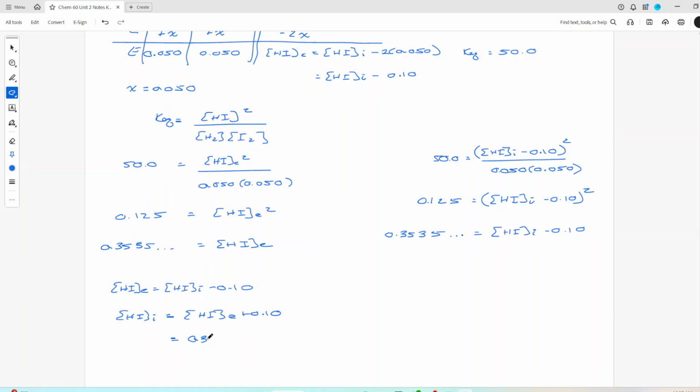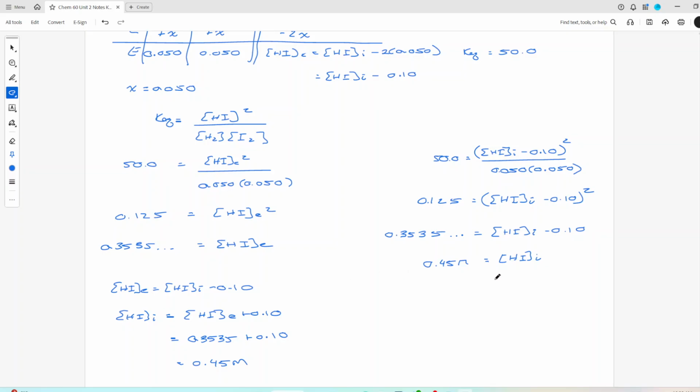Oh, my handwriting is horrible today. 0.3535 plus 0.10, which is going to give me 0.45 moles per liter, or molarity. And then for this one, we're obviously just going to do that 0.1 so that we also get the concentration of HI initially is equal to that 0.45 molar.